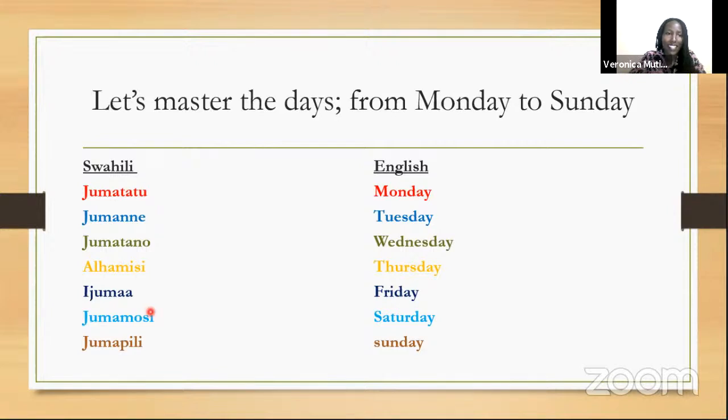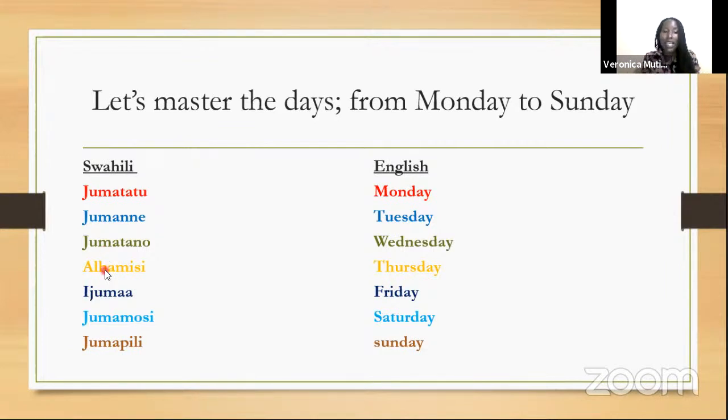Yes. So if you notice, Monday, Tuesday, Wednesday, and then Saturday and Sunday start with Juma and then the additional part. Juma Mosi, Juma Pili, Juma Tatu, Juma Nne, Juma Tano. So it's only Thursday and Friday that do not start with the word Juma.